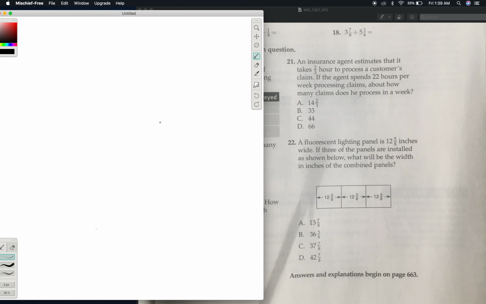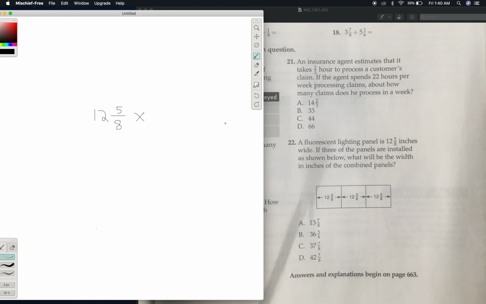So we have a fluorescent light panel which is 12 inches and 5/8 of an inch. Okay, so multiplied by 3, because if 3 of the panels are installed as shown, what will be the width in inches of the combined panels?